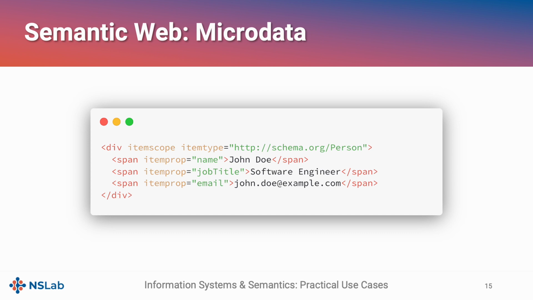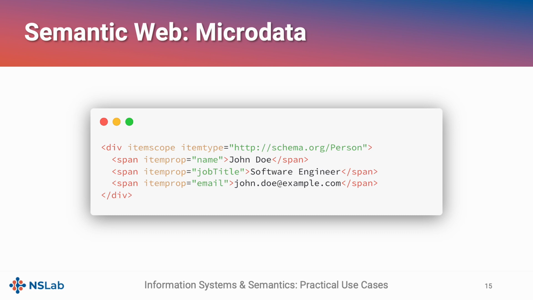First is microdata, and that's one of the two that are directly embedded in the HTML code or HTML document using attributes. So you can have these itemscope, itemtype, and itemprop, where we are basically saying that here in this div container you have some item, so that's itemscope.